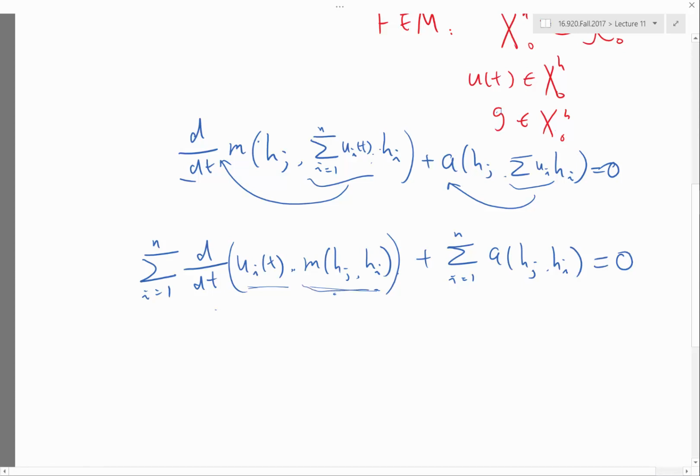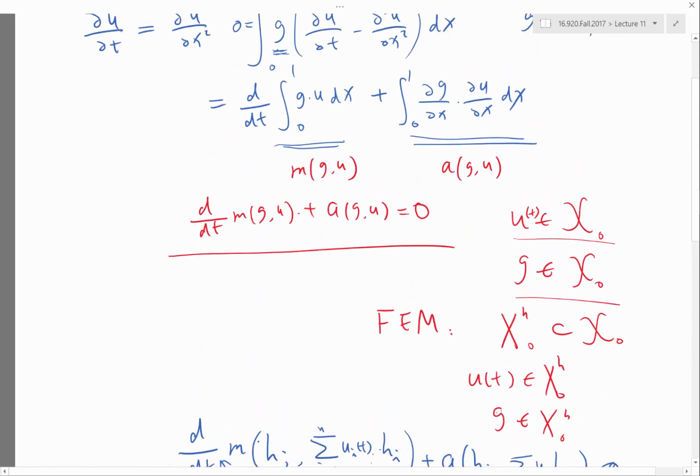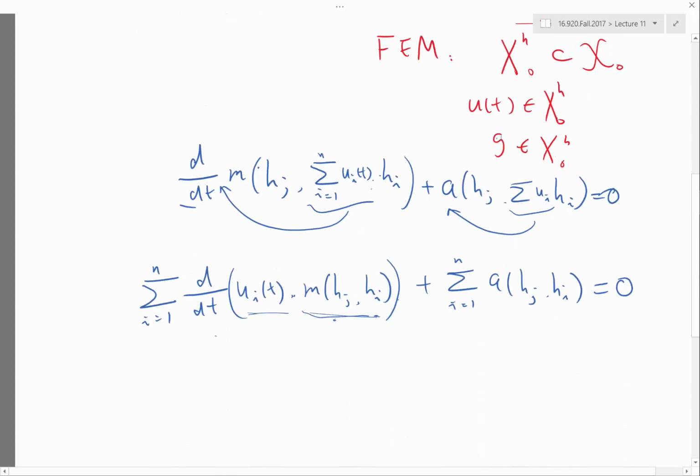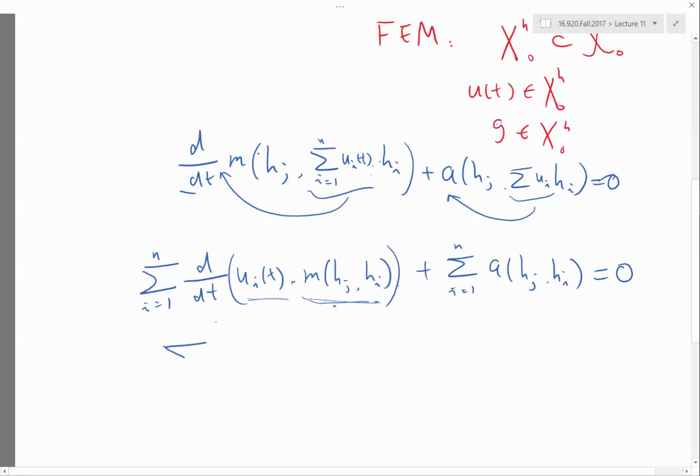So this M, this particular bilinear form evaluated at h_j, h_i, shouldn't change, and I can move this out of the time derivative. M of h_j, h_i gets out of the time derivative: du_i/dt, plus the summation over i from 1 to n of A of h_j, h_i times u_i, which I missed earlier, is equal to 0.